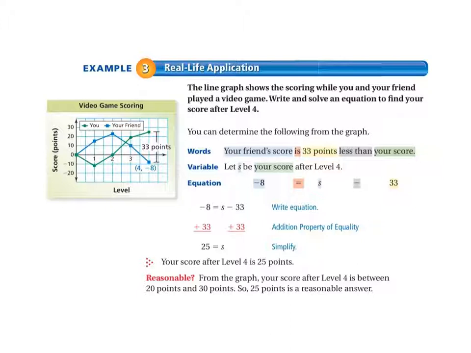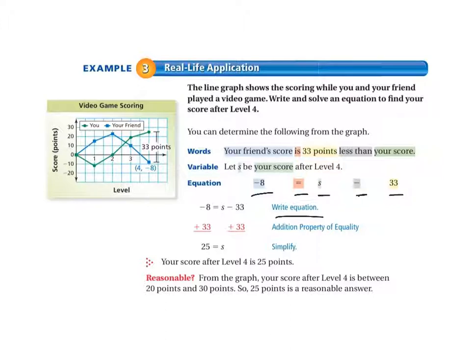So an equation, your friend's score is negative 8, so that's the Y in the ordered pair, equals S, which is your score, minus 33. So negative 8 equals S minus 33.